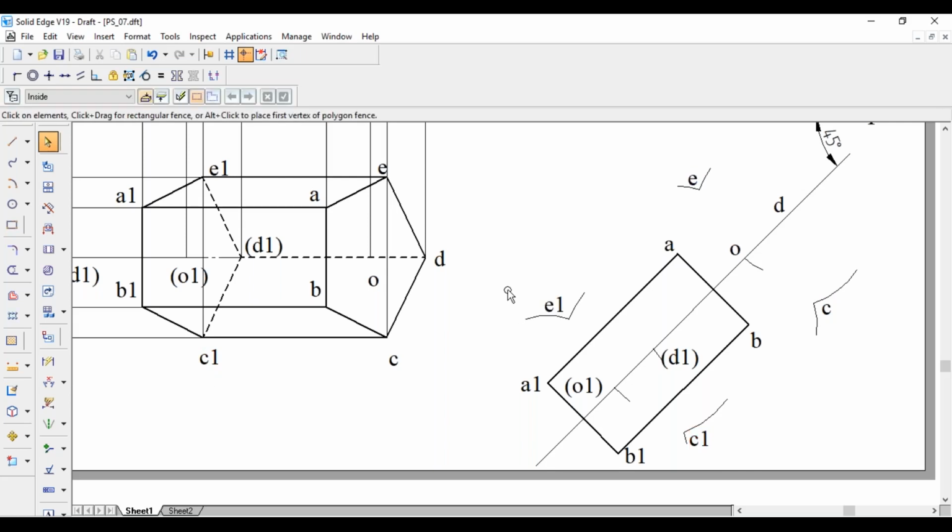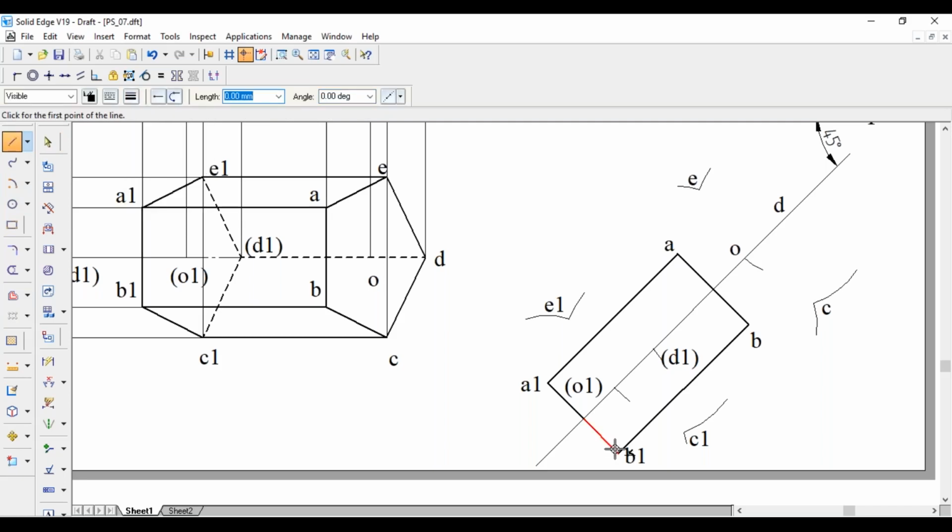So how the nature of the lines are there, same way join here also. E1 to C1 to C to D, E, E1, back to A1. All are continuous dark only.